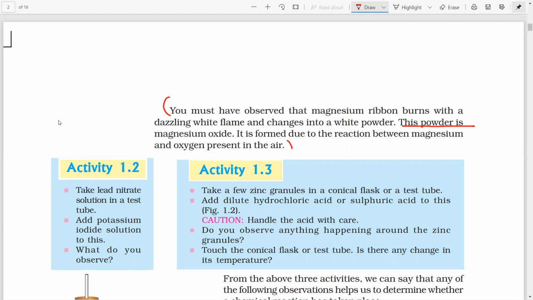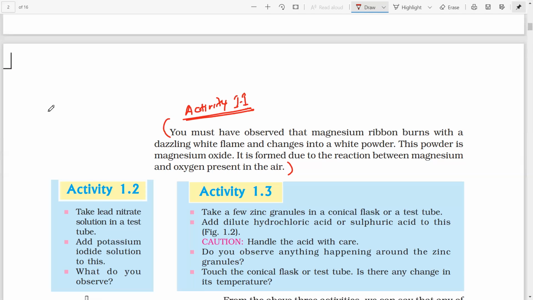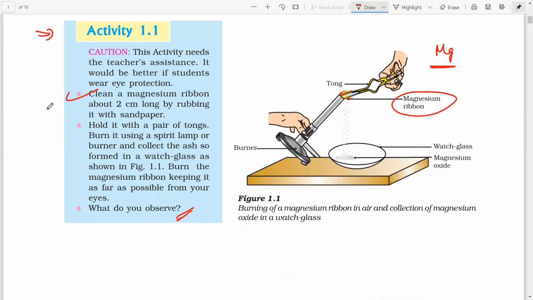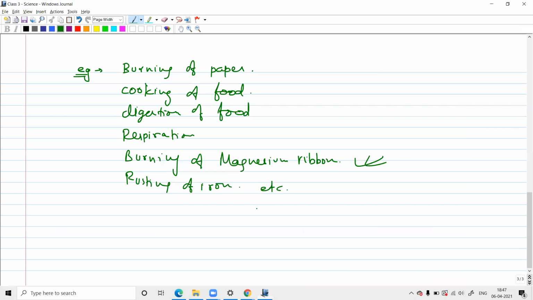Up to here. So this is related to your activity 1.1. Okay. Now let's see what happens in this activity, the burning of magnesium ribbon, chemically.